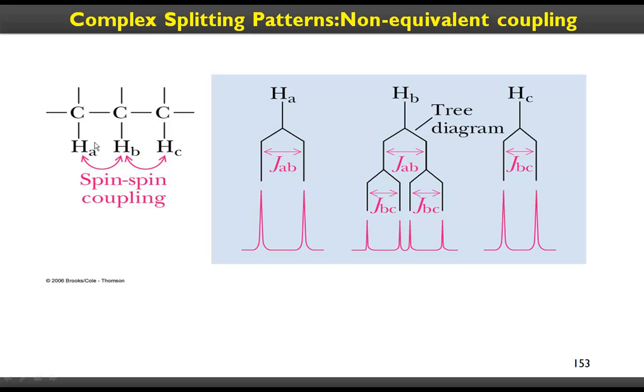Let's say this is a bigger magnet and this is a smaller magnet because of the local environments they in turn have. As a result of HA, HB would be split in two ways, given by the coupling constant JAB. But JAB is not equal to JBC, so C would split each one of these in two different ways again, and as a result we get a doublet of a doublet. This is a doublet and we are getting a doublet of a doublet.